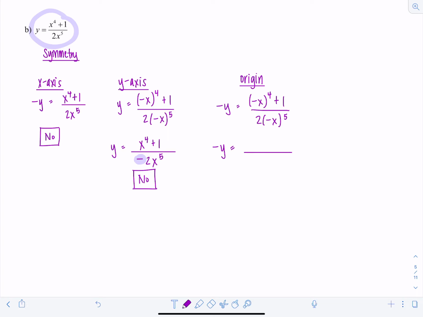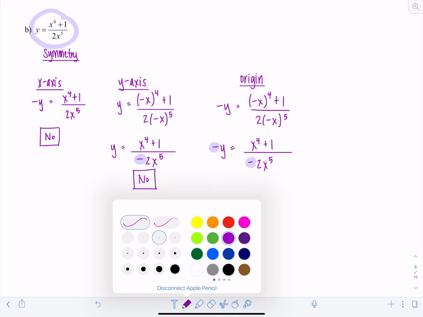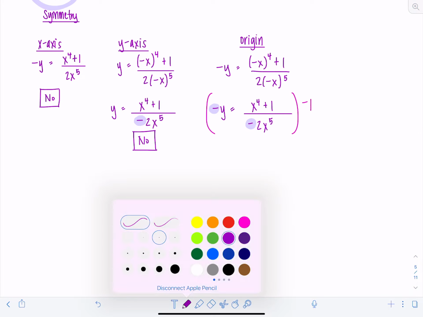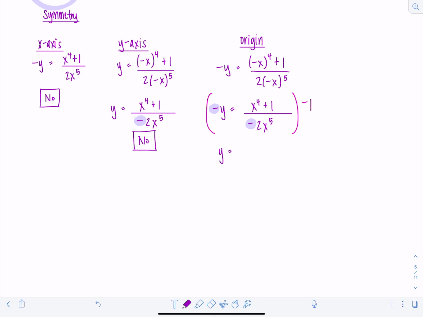So now I have positive x to the 4th plus 1 in the numerator, and then I have that negative 2x to the 5th in the denominator. But notice on both sides, I have an extra negative. I could easily get rid of it if I just multiply the whole equation by negative 1, which I'm totally allowed to do. And then now I get back the exact same equation that I started with. y equals x to the 4th plus 1 over 2x to the 5th. So yes, we have origin symmetry with this graph. My goodness.